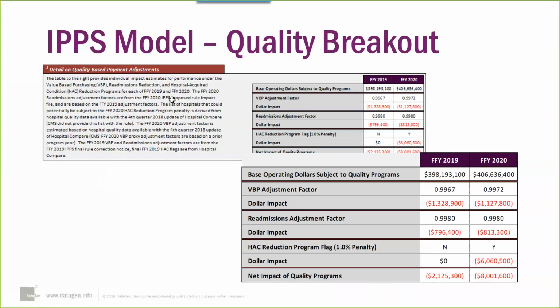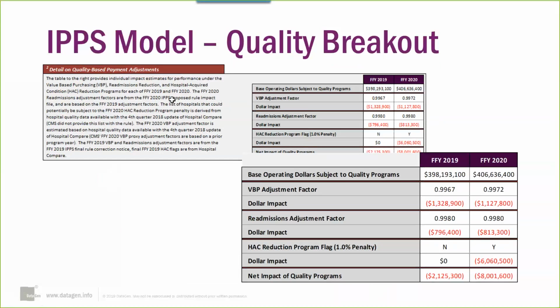There's also a section on quality. 2019 values are the final factors that have been released by CMS. For 2020, readmissions is based on the 2019 readmissions adjustment factors, as those are the proxy values that CMS has released.